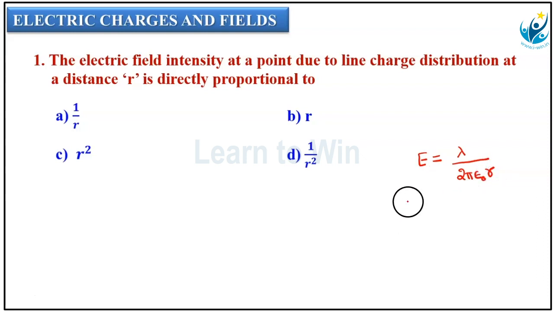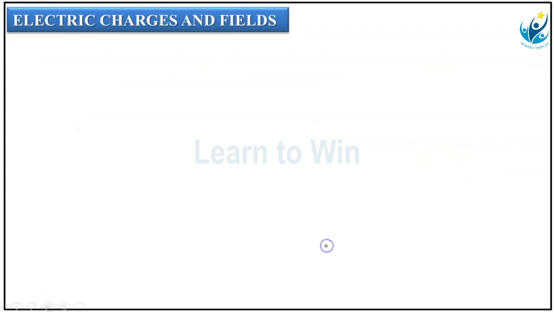From this expression, the electric field intensity is inversely proportional to the distance of the point, that is r. E is inversely proportional to r. But according to the problem, it is directly proportional to? E is directly proportional to 1 by r. Hence, option A is correct.